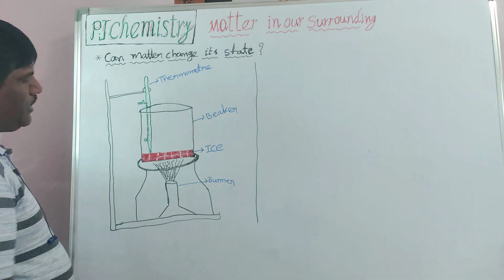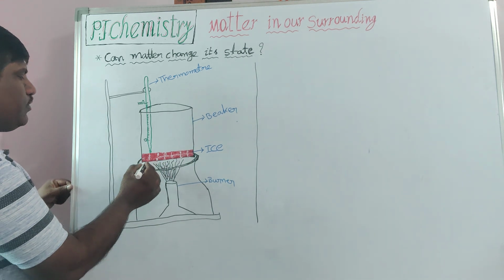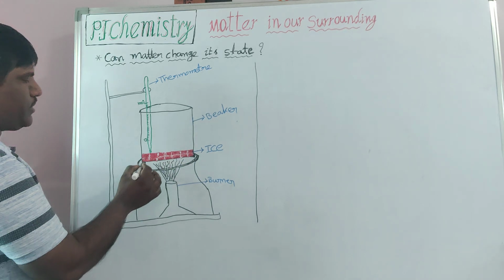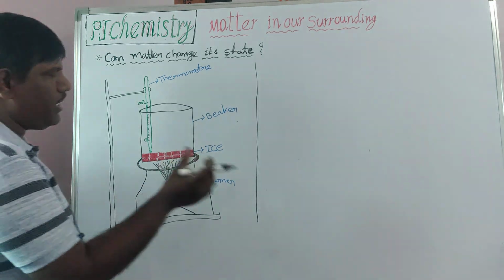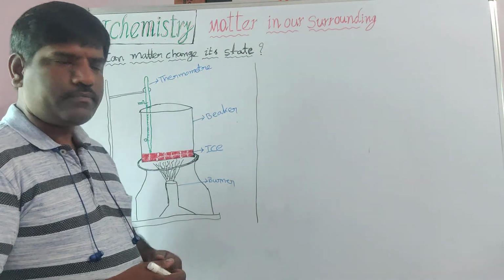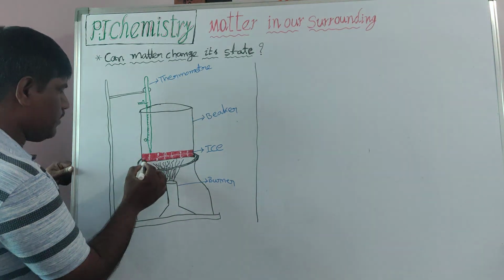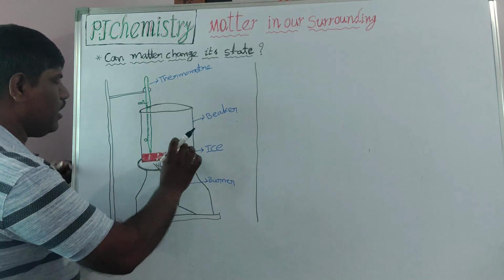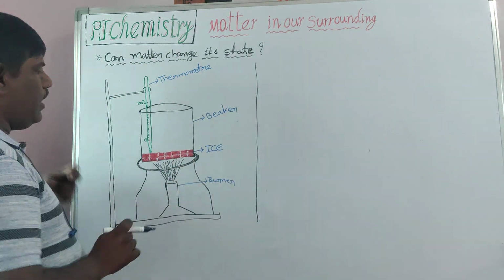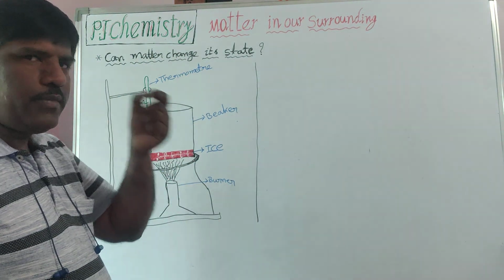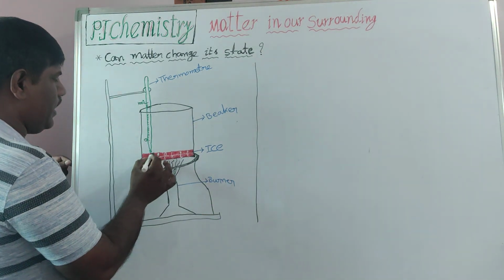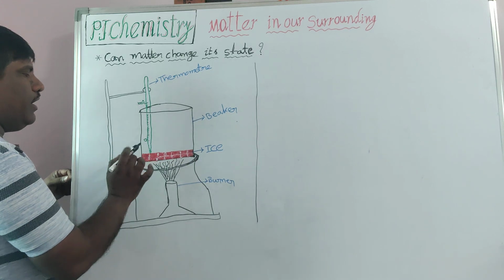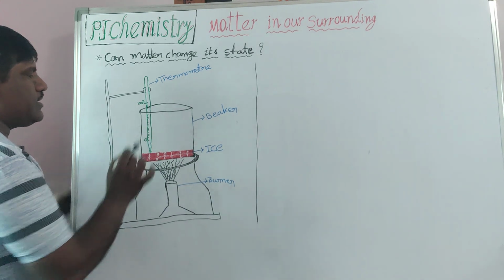When we transfer heat, it passes through the beaker and is absorbed by the ice cubes. Slowly, the ice cubes absorb heat from the bottom. The heat is transferred slowly from molecule to molecule until it reaches every molecule on the surface. Until then, we cannot notice any change in the thermometer.